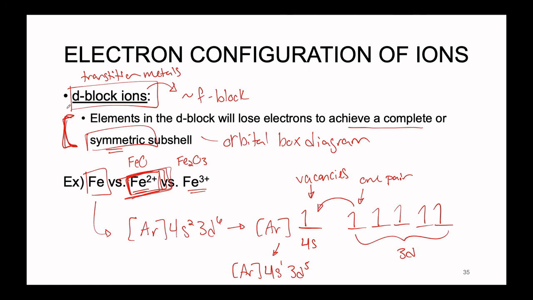What we're looking for, elements with d-block electrons are going to lose electrons and then shift in order to form a complete or symmetric subshell. Here now we have symmetry. Every single orbital has one electron. This is a pattern that they are all meeting, a pattern that they are all compromising to. They're all trying to match.